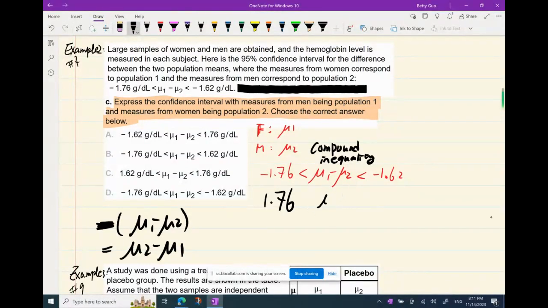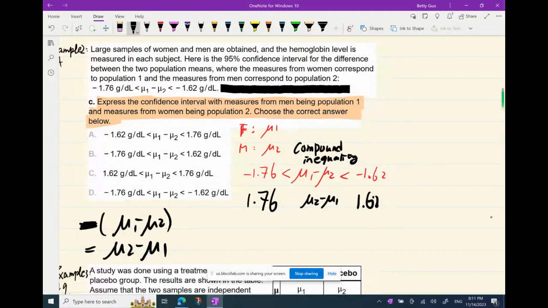So in the middle, I have mu2 minus mu1. On the right side, negative 1.62 times -1, I have positive 1.62. But not done yet. Remember, when you multiply all the parts in an inequality by a negative number, you have to switch the direction of the inequality symbol.